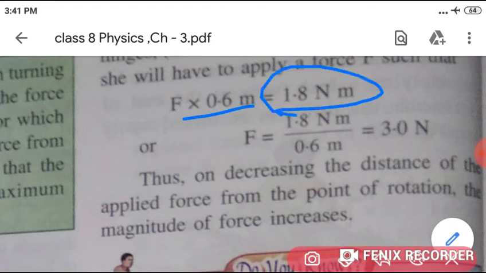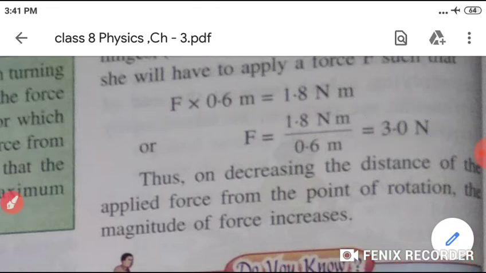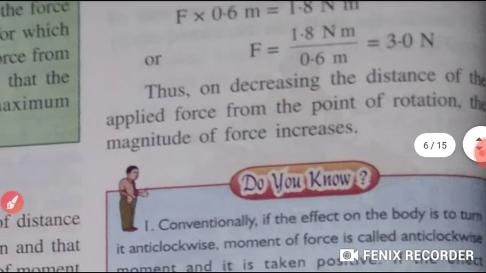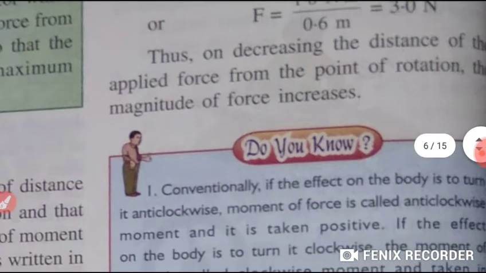That means the force is equal to 1.8 Newton meter divided by 0.6 meter. We will get the answer 3 Newton. So, on decreasing the distance of the applied force from the point of rotation, students, the magnitude of force increases.